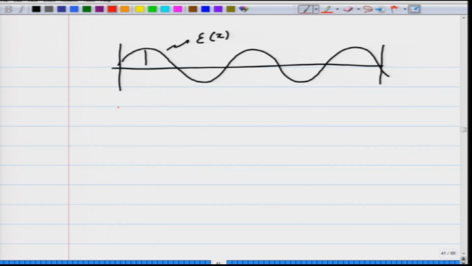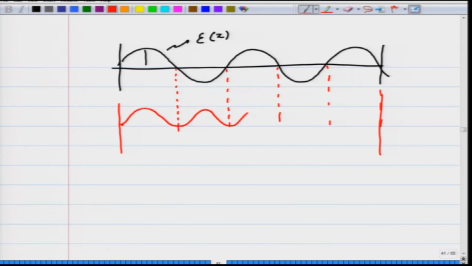This electric field would give me an intensity, let me just make it carefully, which is proportional to E square, and this will look like this. This is E square, intensity is proportional to this. So, if the wavelength of this light was lambda, the intensity has a period of lambda by 2.